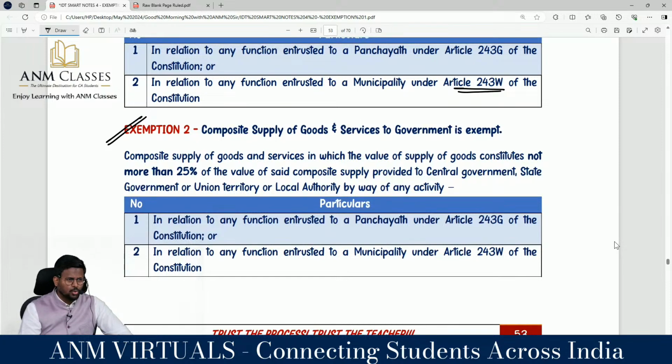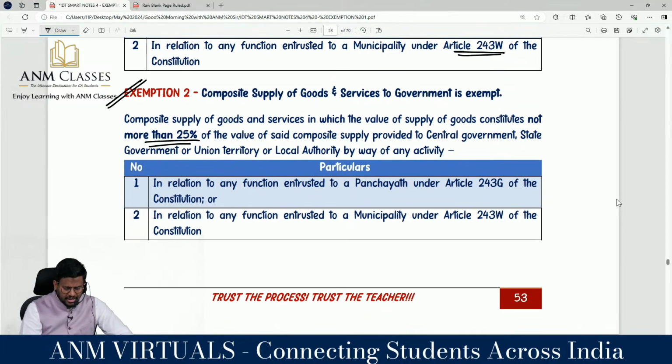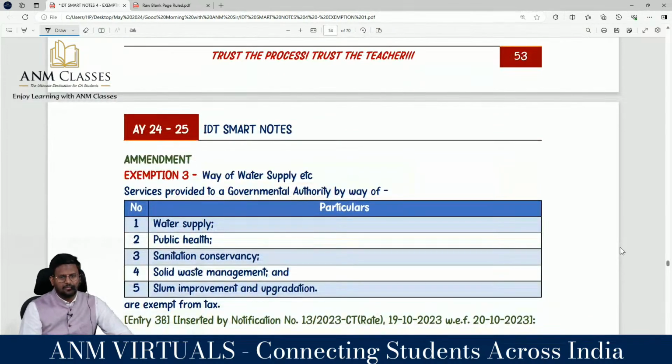So government has issued a notification saying that composite supply of goods and service in which value of goods constitute not more than 25% of the value of said composite supply provided to central government, state government or union territory or local authority by way of any activity in relation to any function entrusted to a panchayat under article 243G and in relation to a function entrusted to a municipality under 243W of the constitution are exempt from GST.